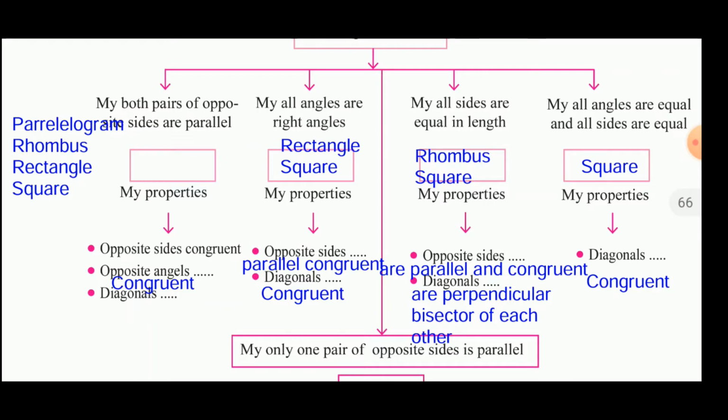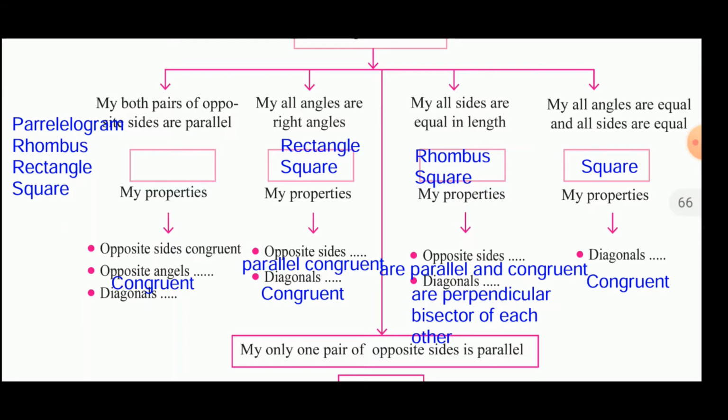Now the properties of these 4 quadrilaterals are, the opposite sides are congruent and parallel, opposite angles are congruent and the diagonals bisect each other.